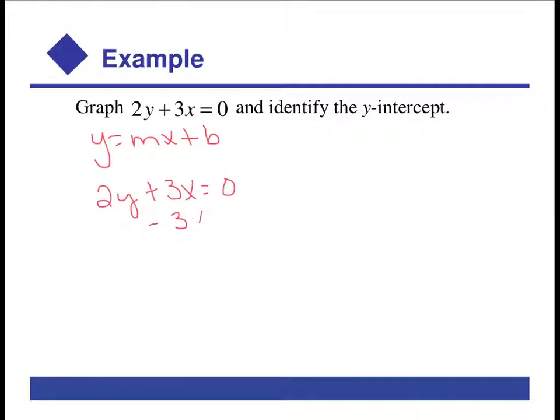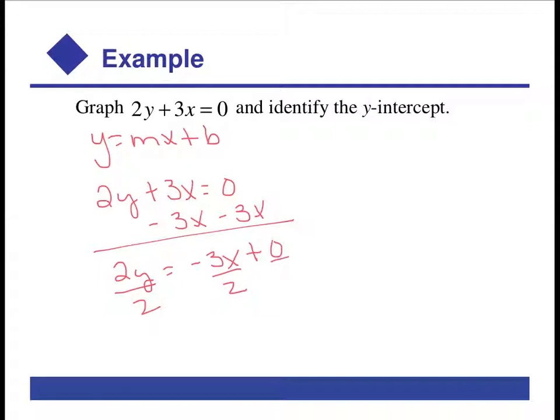I'm going to subtract 3x from both sides. So I get 2y equals negative 3x plus 0. You can take the 0 off or you can leave it. Divide by 2. So we have y equals negative 3x over 2.